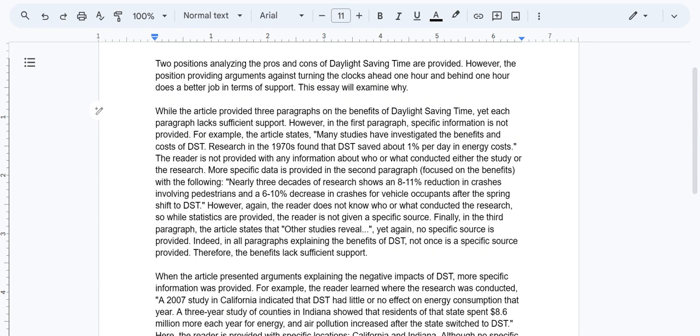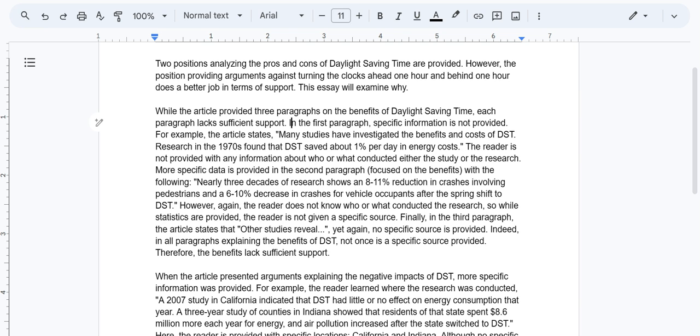While the article provided three paragraphs on the benefits of daylight saving time, each paragraph lacks sufficient support. In the first paragraph, specific information is not provided. For example, the article states many studies have investigated the benefits and cost of DST.